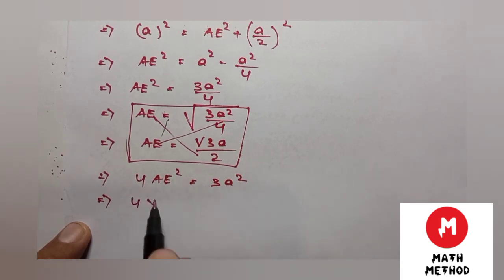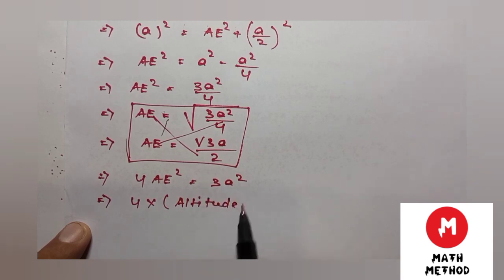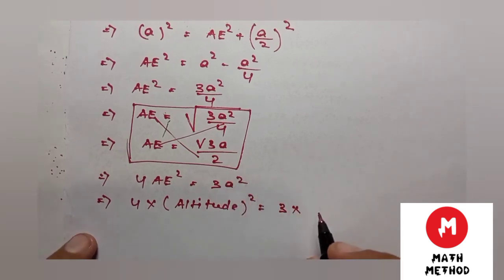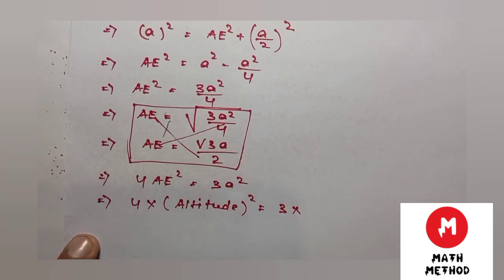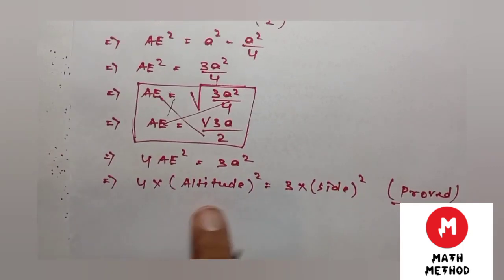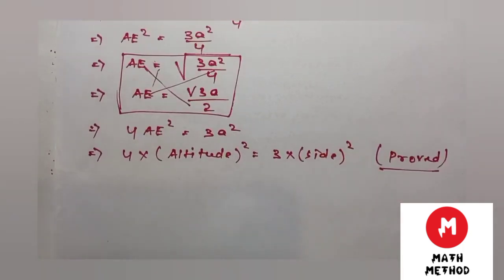So 4 into altitude whole square is equal to 3 into side whole square. Proved. This we had to prove: 4 into altitude square is equal to 3 into side square. So we have come to the end of question number 16.